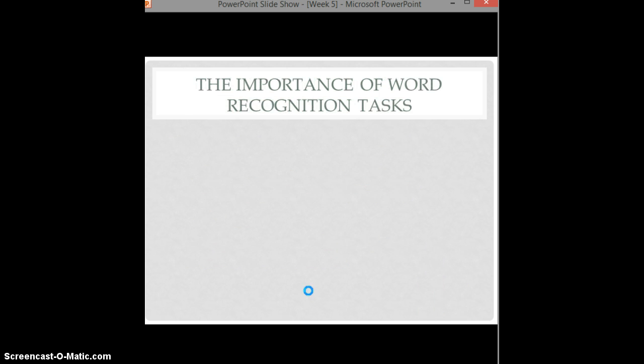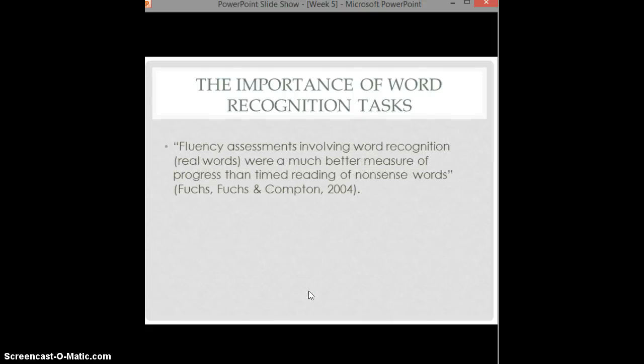So why are word recognition tasks so important, right? Well, fluency assessments involving word recognition, real words, are a much better measure of progress than timed reading of nonsense words. Remember we talked about how nonsense words really could help them focus on those decoding skills because they couldn't use anything else other than decoding to figure out what those nonsense words are.